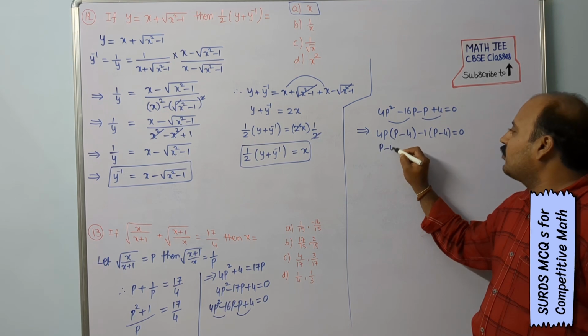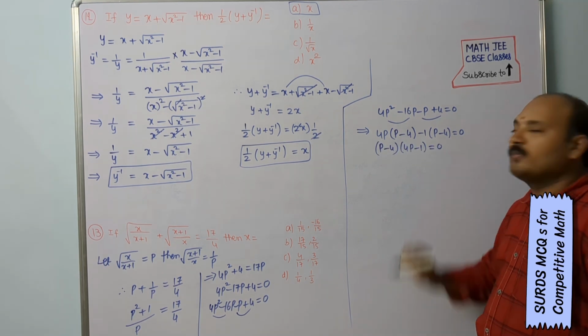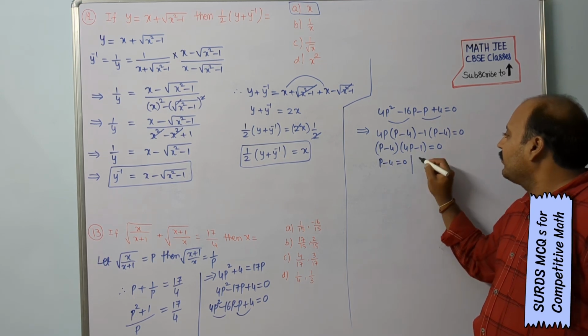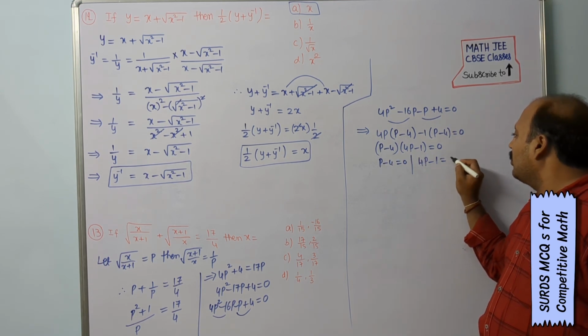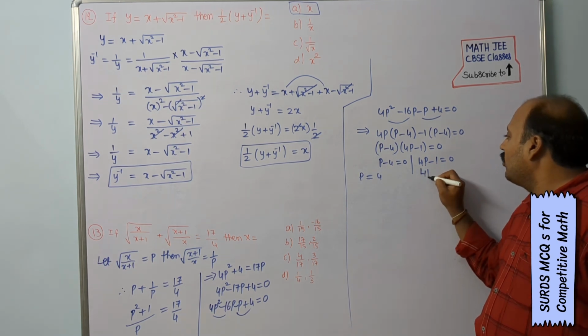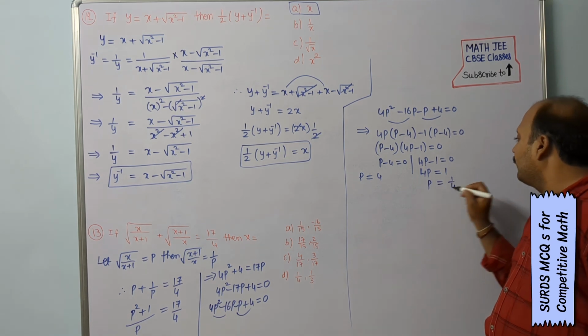So p minus 4 into 4p minus 1 equal to 0. So p minus 4 equal to 0, 4p minus 1 equal to 0. So p equal to 4. Here 4p equal to 1. So p equal to 1 by 4.